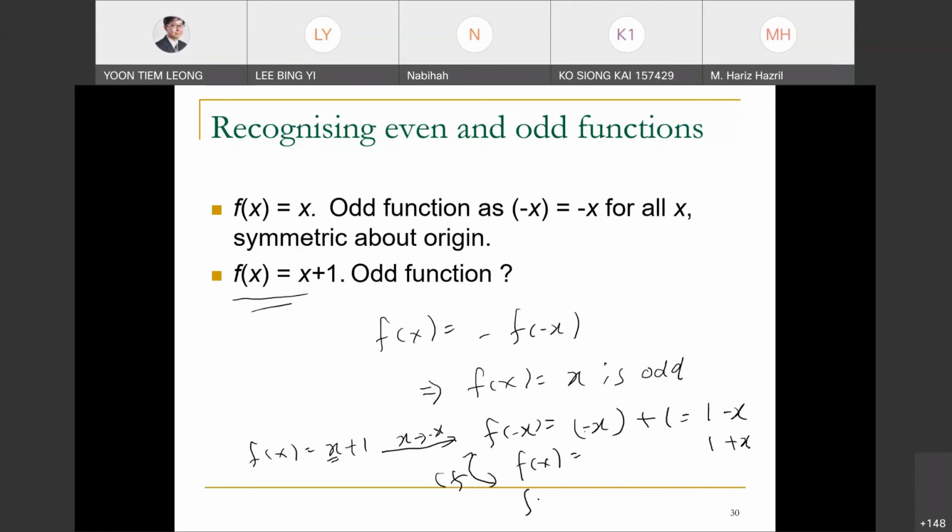Now f of minus x is 1 minus x. f of x is 1 plus x. So what is the sign between this expression and this expression? Is the sign plus or is the sign negative? Anyone?